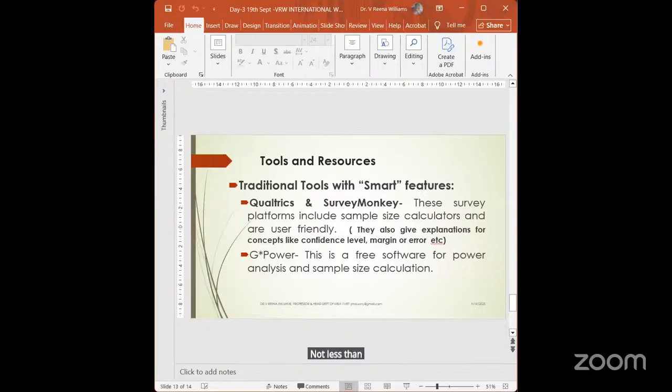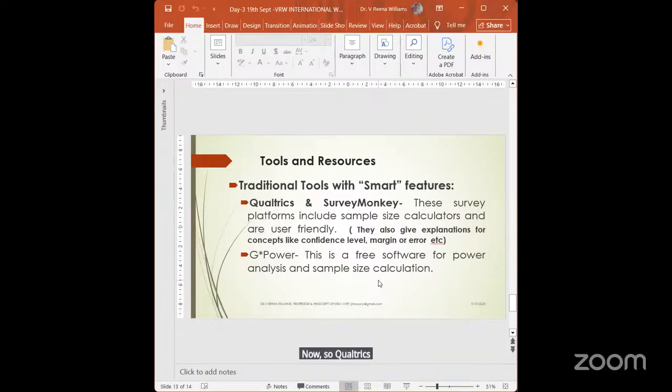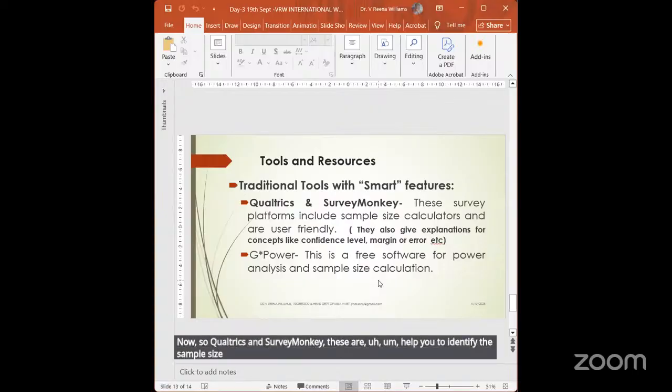Okay. And the last one are the tools and the resources. You can see these are, when I mentioned this as smart, because you can use artificial intelligence for that. Now, Qualtrics and SurveyMonkey help you identify the sample size calculations, and it's very user friendly.